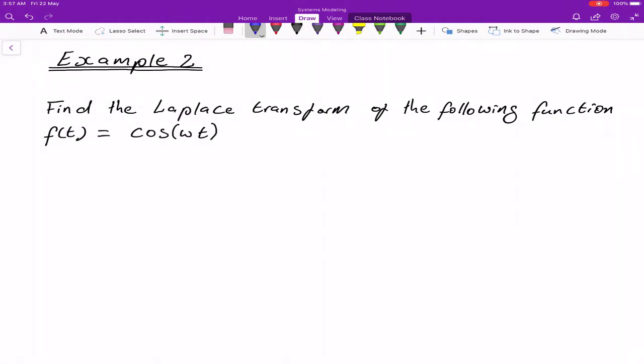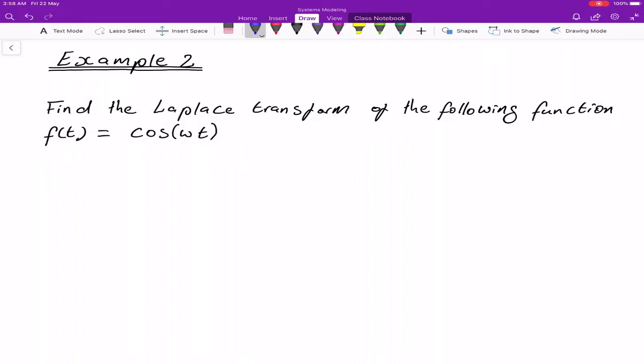Now we are going to look at our second example, whereby we are going to look at the function of cos omega t. Now, to solve this, there's two methods that we are going to look at. There's a brutal method, which I can say is a little bit longer than the second method, but both of them are quite interesting.